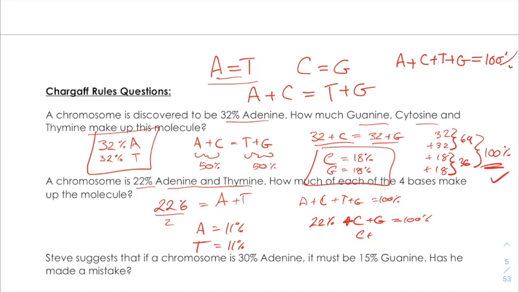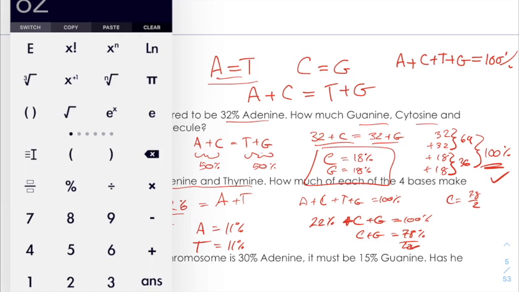So that means that C plus G is equal to 78%, right? Yes. And so if we know that C and G are equal, then we can divide by 2 to get C or G. So C would be 78 divided by 2, which is 39. So C is 39%, and G is also 39%.